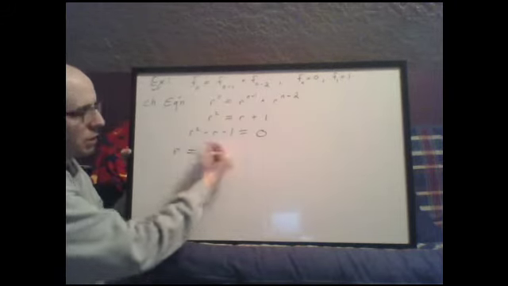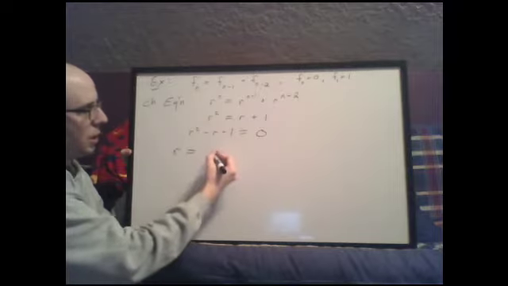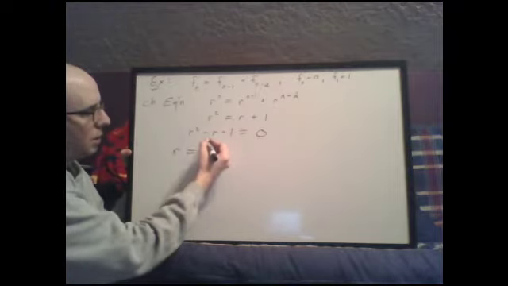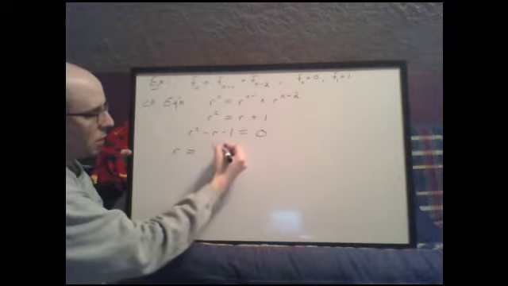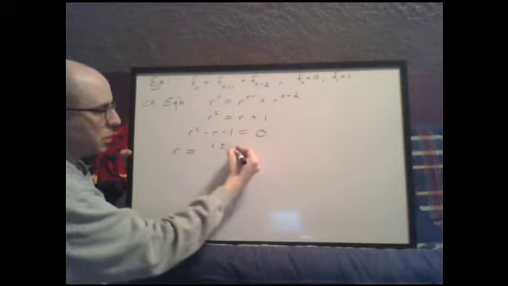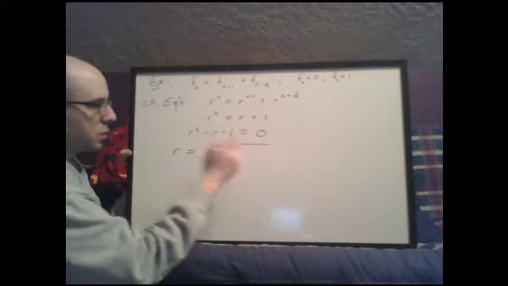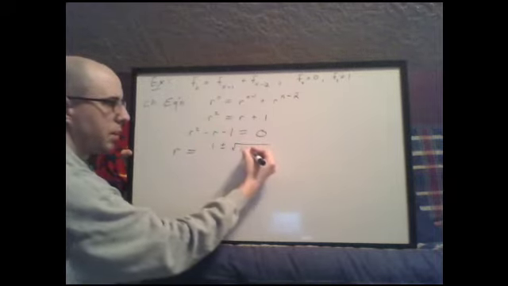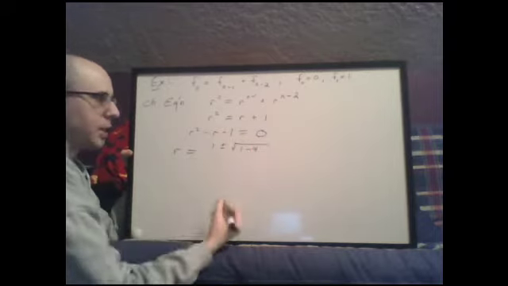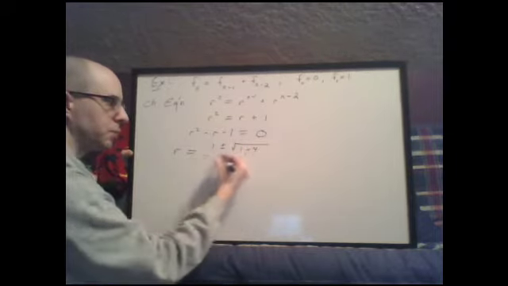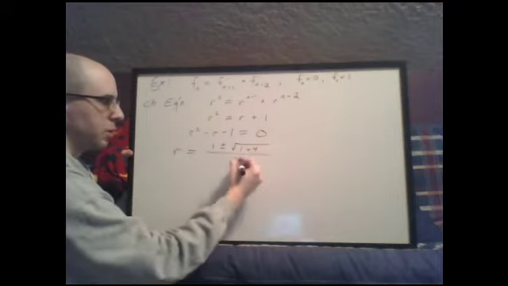So the solutions are going to be r equals negative b, so b is negative 1, so positive 1, plus or minus the square root of b squared, which is 1, minus 4ac. A is 1, c is negative 1, so this will become plus 4, over 2a, which is 2.